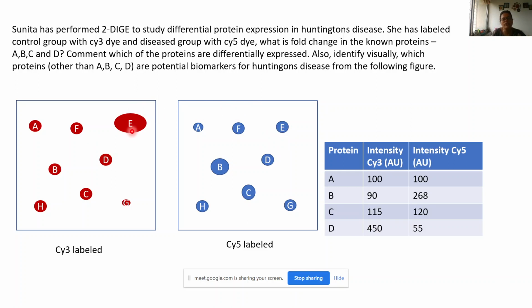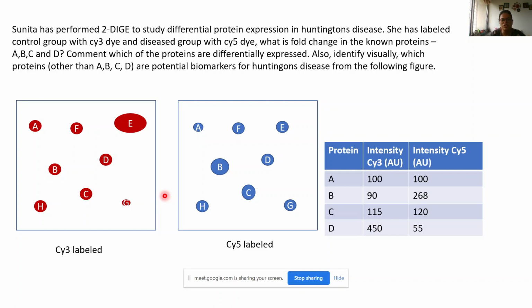So it will be more fluorescent when you are seeing with the Cy3 labeled dye, and it will be decreased in the disease group. In that manner you can identify the differential expression of protein, whether a particular protein is down regulated or up regulated compared to the control group.